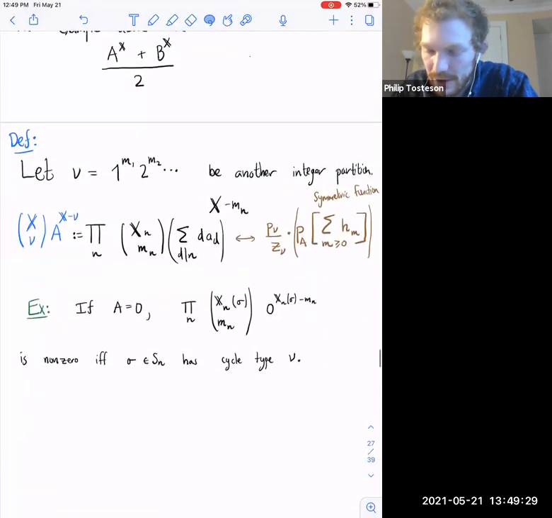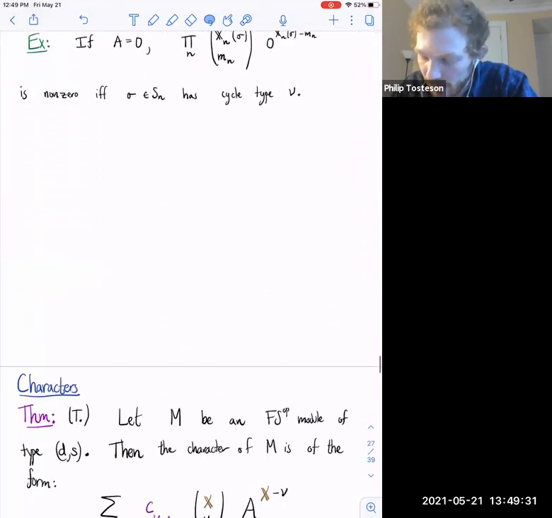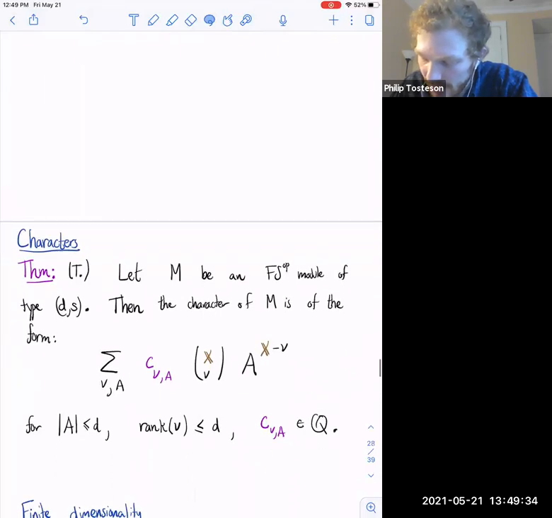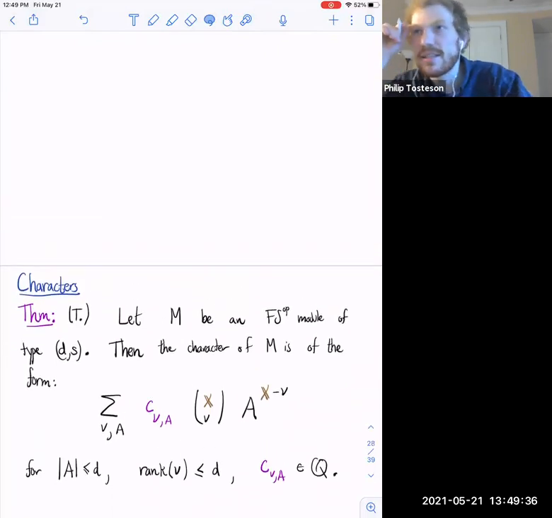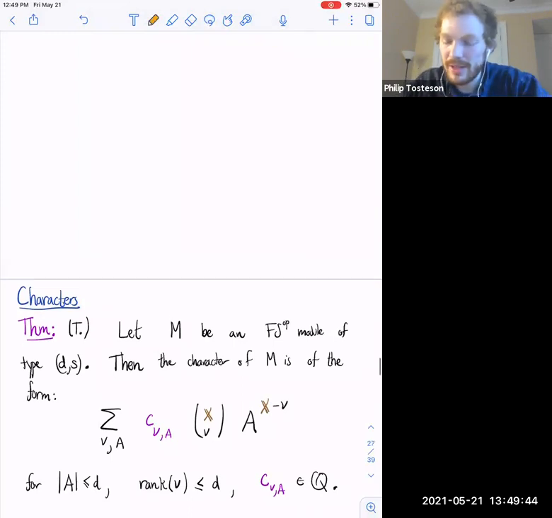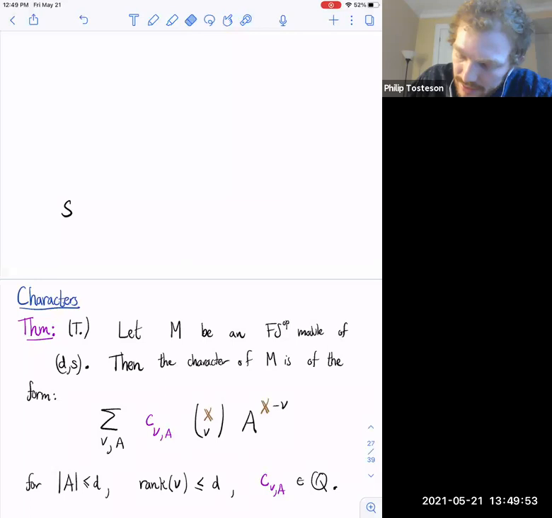Okay, so in terms of these definitions, what the first theorem I showed on characters says is that if you solve these differential equations that I was referring to before, then what you get is that... first I really need to tell you what an FSop module of type DS is. Really I should say class.